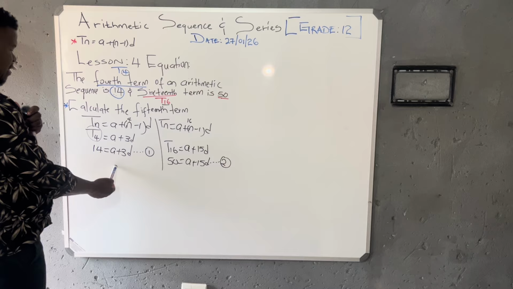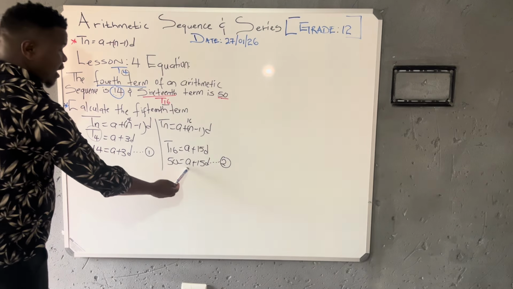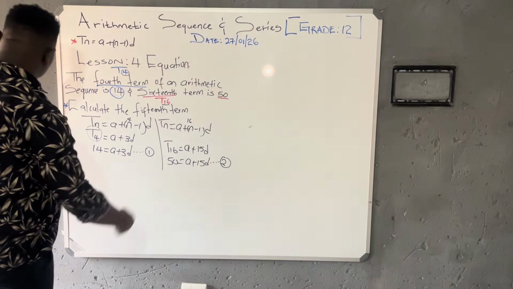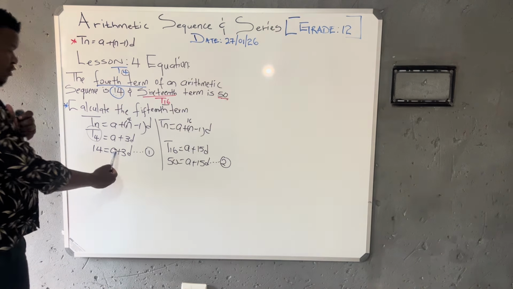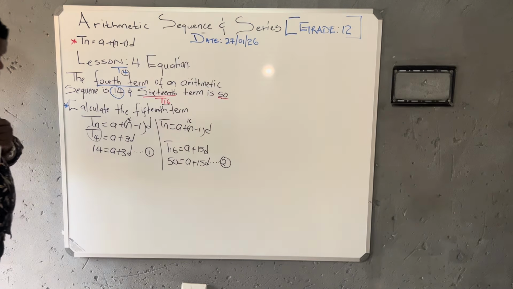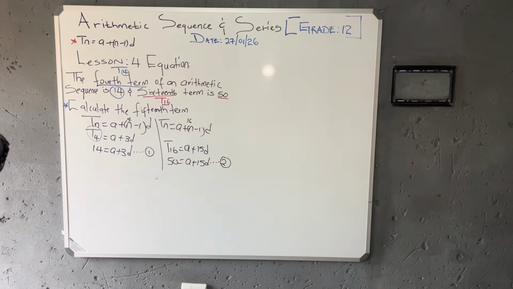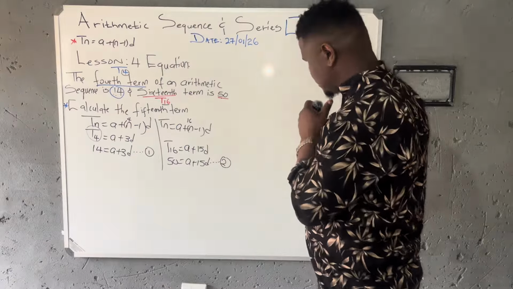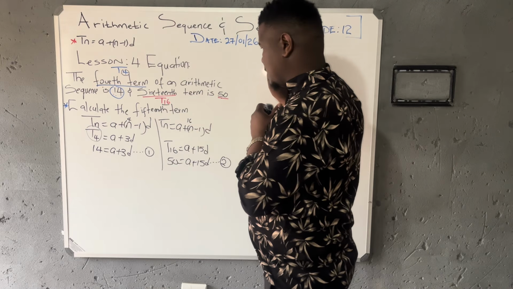Because in this equation, I've got A and D, but I don't know the value of A and I don't know the value of D. So I can use these two equations to get the values of A and D. Now, let me come this side and write them here.